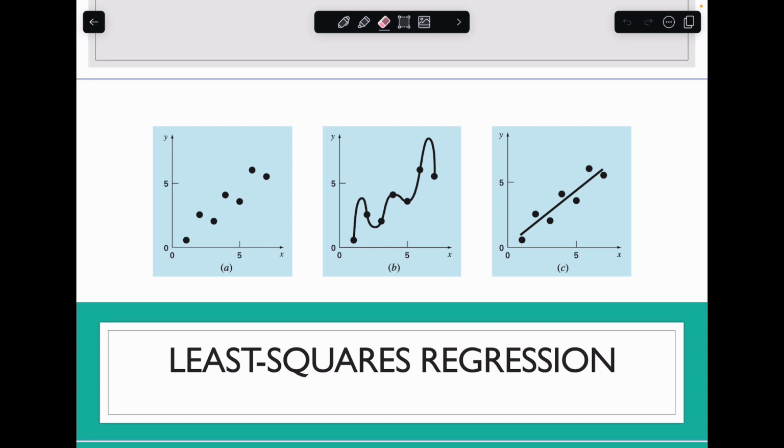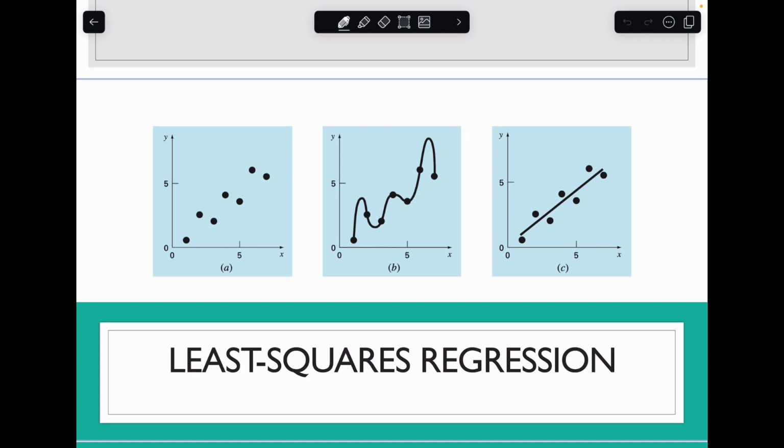However, if we are given certain data points and there is linearity in them, and we want to make some predictions, linear regression would be best to use.